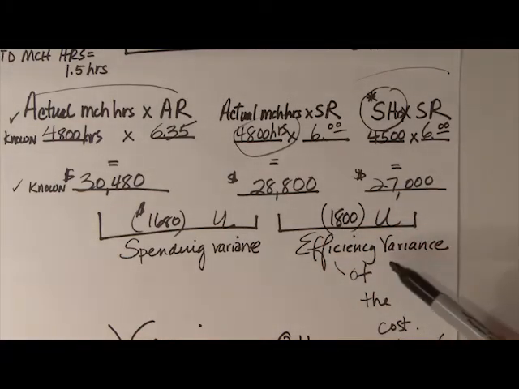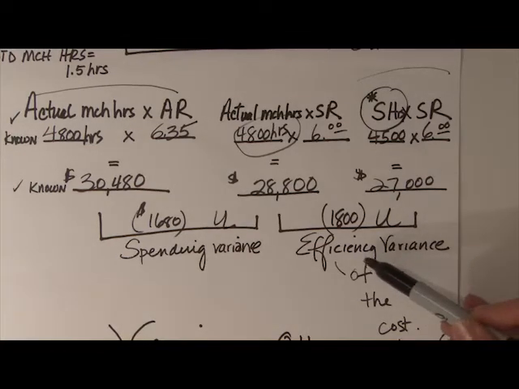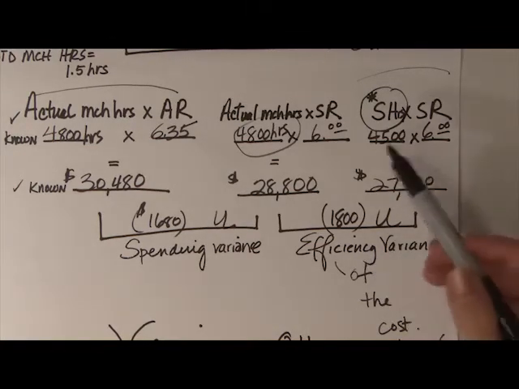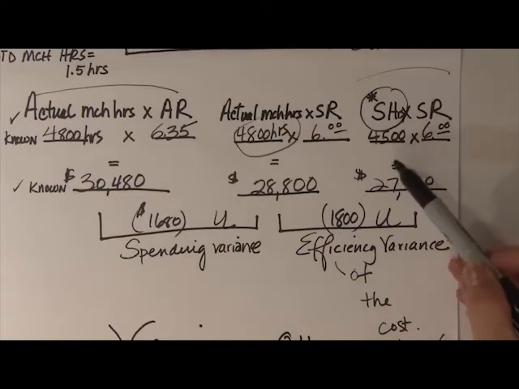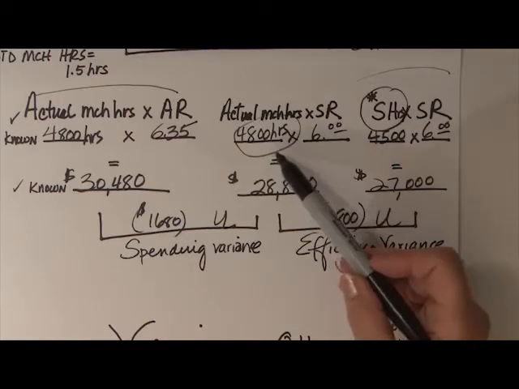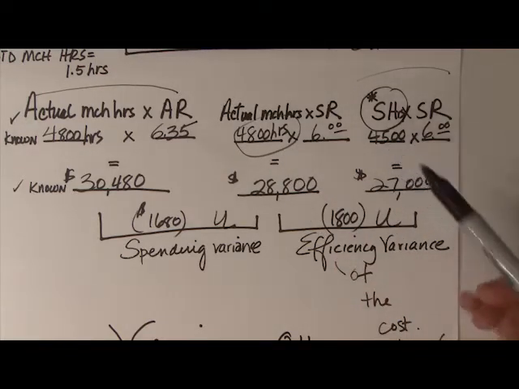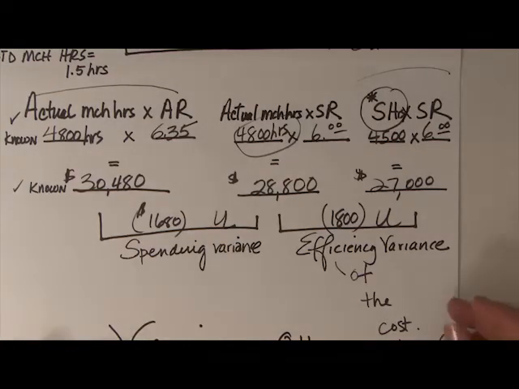So this variance on this side will always be about how efficient the cost driver is, or the use of this particular activity. 4,800 being more than 4,500, causing this to be an unfavorable variance.